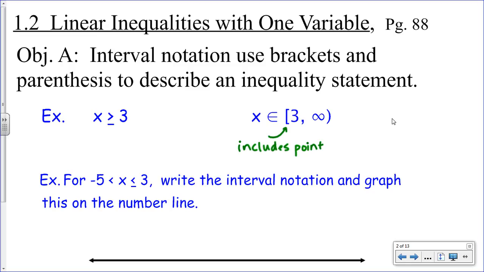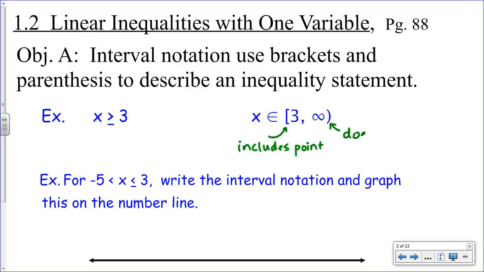And then greater than or equal to 3, that means it can be anything bigger than 3, so all the way up to, we just say positive infinity. So infinity is not technically a number, it's really just a symbol to represent that they go on and on and on forever. So we can't include infinity, so we use parentheses.